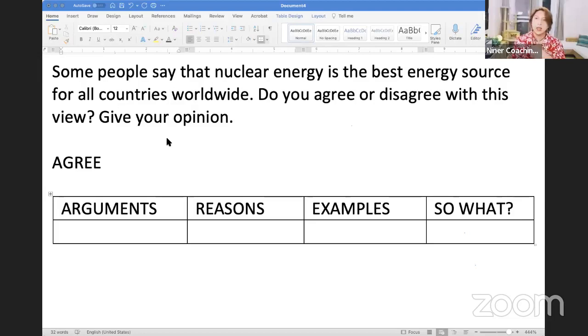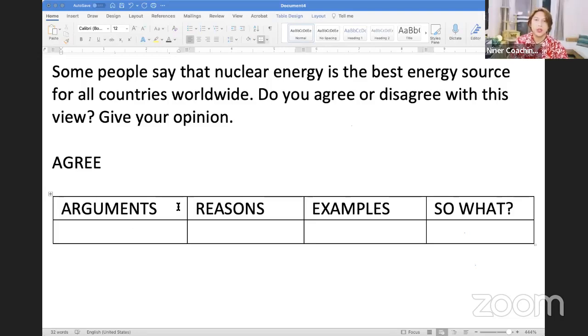Let's look into the arguments for nuclear energy. Why is it good if you have a nuclear power plant in your country? What could be the possible advantages of this one? And why is your country choosing this? Okay.